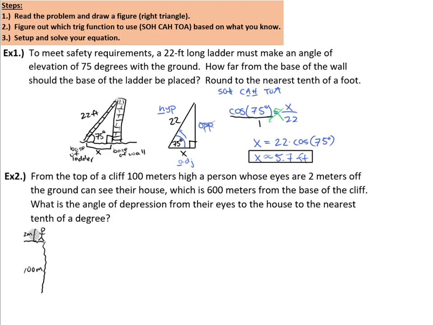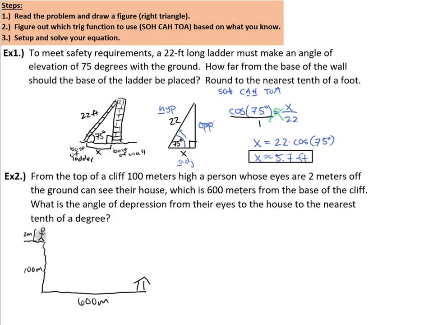Okay? Can see their house, which is 600 meters from the base of the cliff. Okay, so if we went this way, 600 meters, their house is somewhere over here. Okay, probably closer to the ground, but you get the idea. All right, so here's their house.